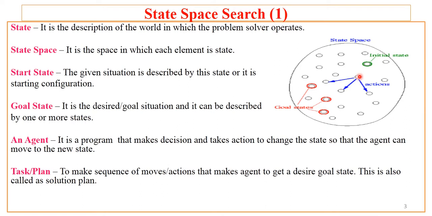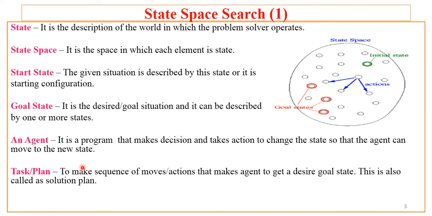The ultimate goal of this agent is to reach the goal state. Here, these blue color arrows are the transitions from one state to another state, and these transitions are made by the agent program depending on the rules described in the program itself.